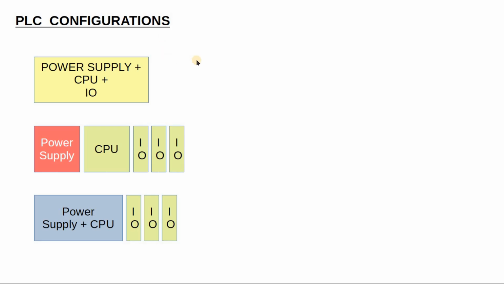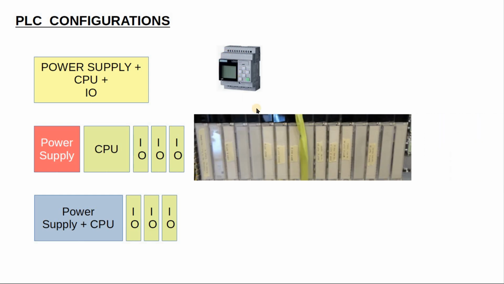PLCs can come in different versions. One of them is a block or a brick, in which you have the power supply, the IO, and the CPU in one piece. Others come with a chassis, where you can have a CPU and IO. Sometimes you have a power supply on the right side and a redundant one on the left side, sometimes only one, but it's one chassis.